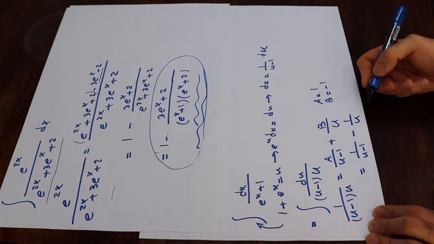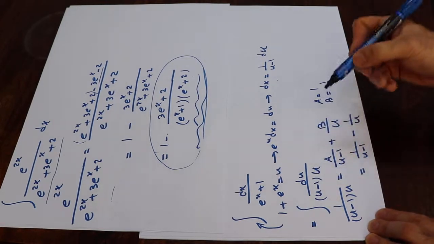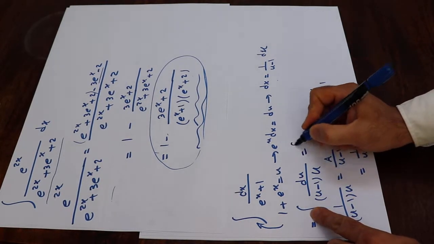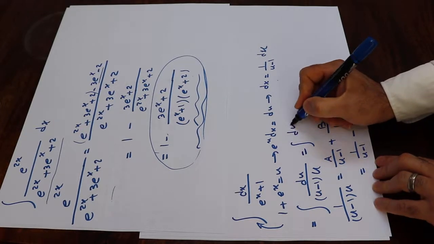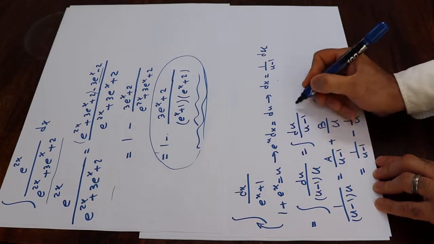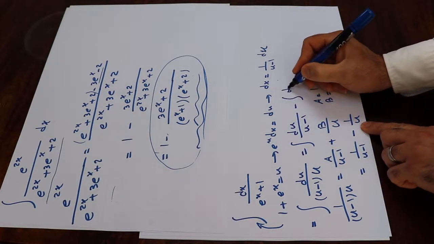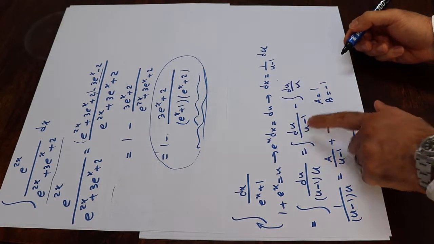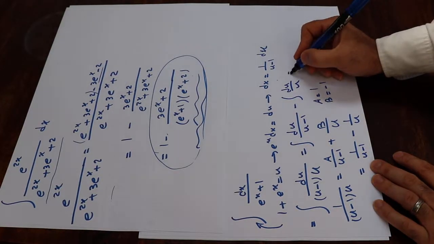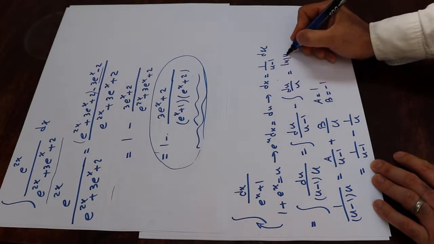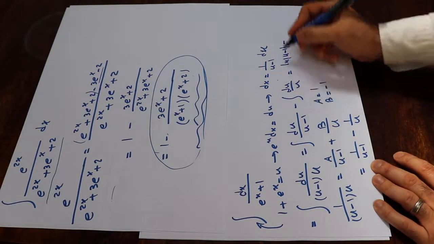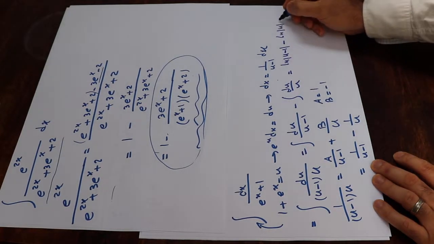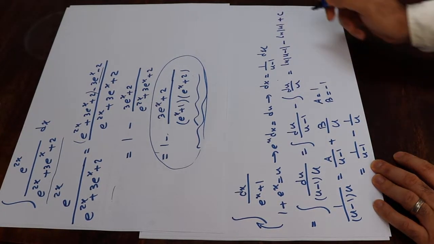Therefore this integral will be equal to the integral of du over (u - 1) minus the integral of du over u. That will be ln|u - 1| minus ln|u| plus c, which is the constant of the integral.